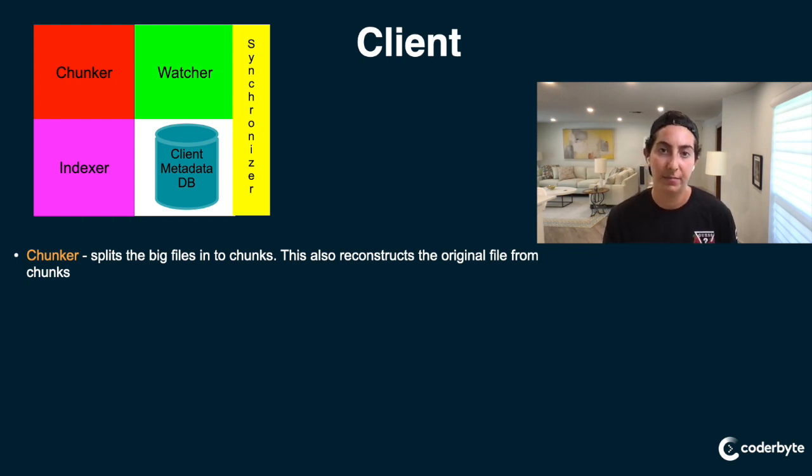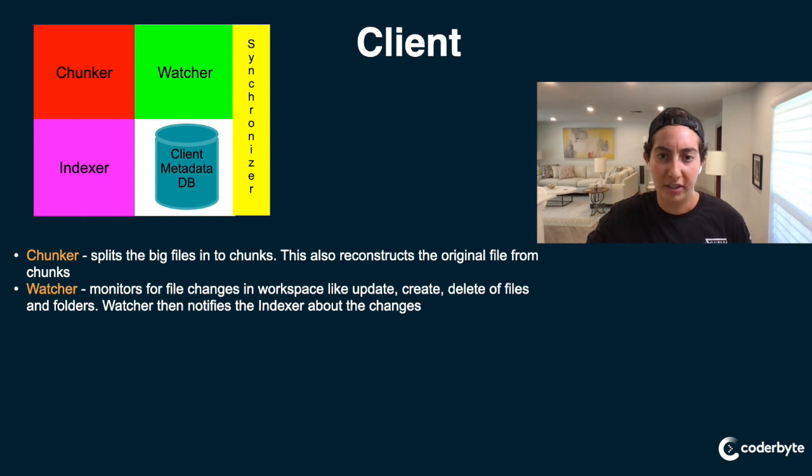If you have a 1 gigabyte file and you only change a line, you only really want to send the line or a small chunk of the file, so that we can avoid needless bandwidth, sending giant things that haven't really changed much. We don't have to change everything to change one small piece of the file. So that's the chunker's job: to split things into chunks.